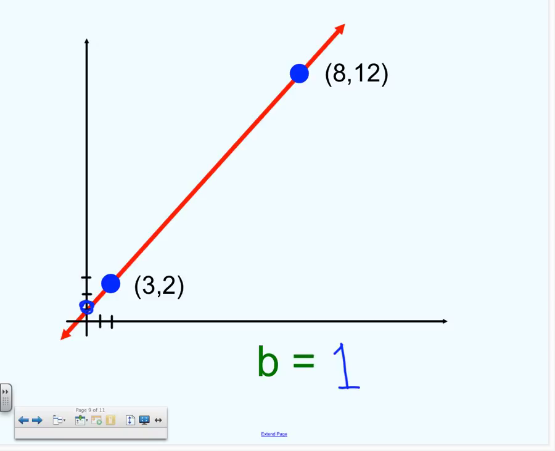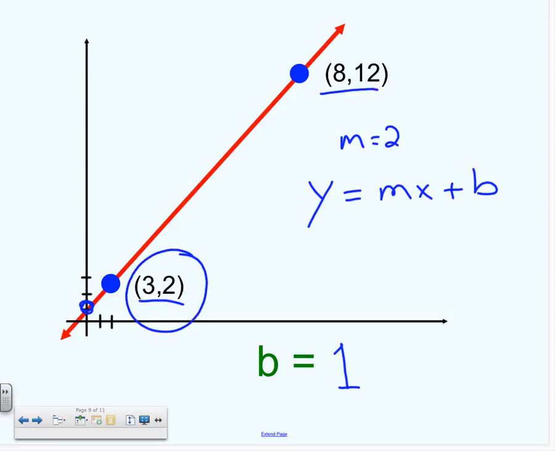The other way that you can do it is, now that we know the slope is 2, we can use y equals mx plus b, which is the form of a slope-intercept equation, and we can choose one of these points, either (3, 2) or (8, 12). Let's go with (3, 2) because it's easier. Knowing that this is the x and this is the y, we can substitute those in. So we have 2 equals, we know the slope is 2, and x is 3, and solve for b to find the y-intercept that way.